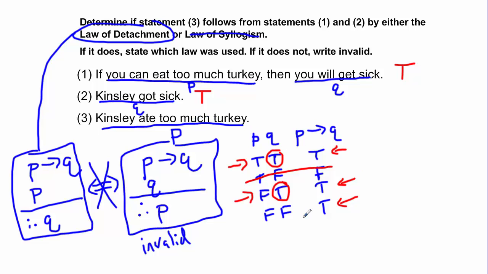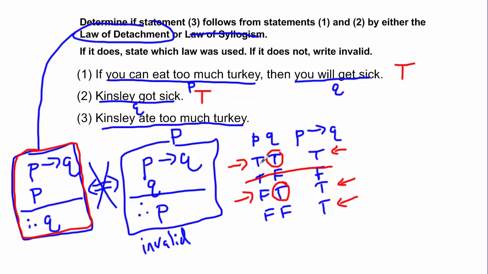So this is pretty much the idea behind law of detachment. All right, this is why this setup over here works out, right? So we're using logic to come up with our overall conclusion. And here, just knowing that Kinsey got sick is not enough to conclude that Kinsey ate too much turkey, right?